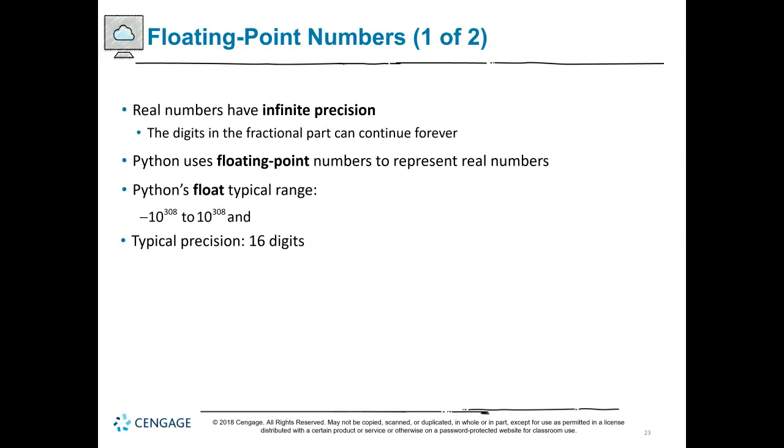If we look at a real number, in other words those numbers that have a decimal in them or a fractional piece, again they can go on forever. But we have limits in Python because we have to store that value. Ignore this piece here because that shows a huge number of decimals. We can go to 10 to the 308th power.